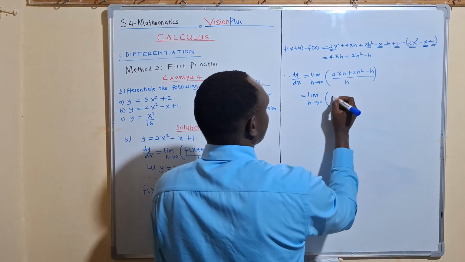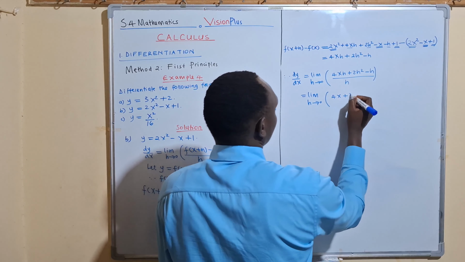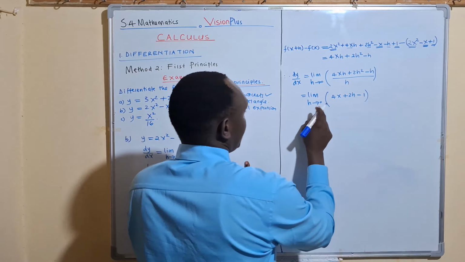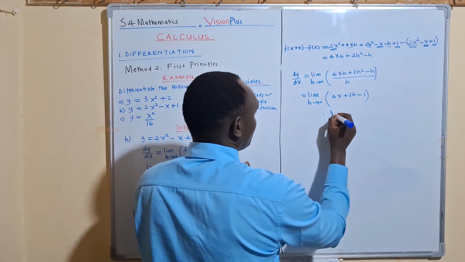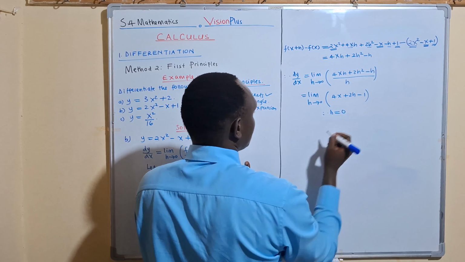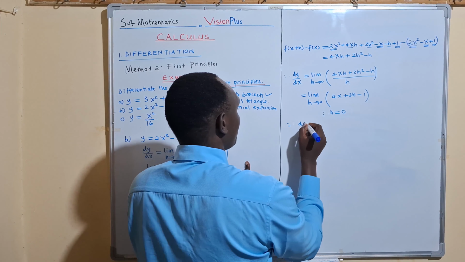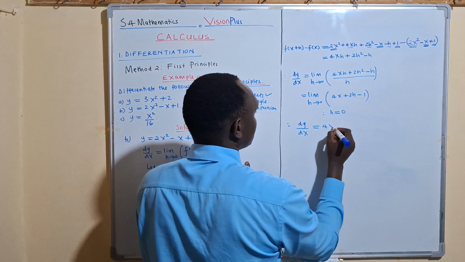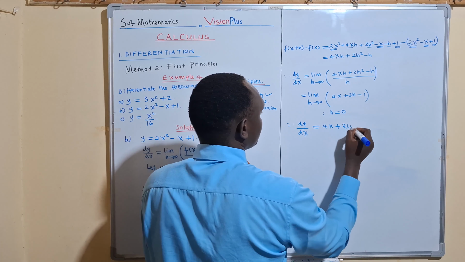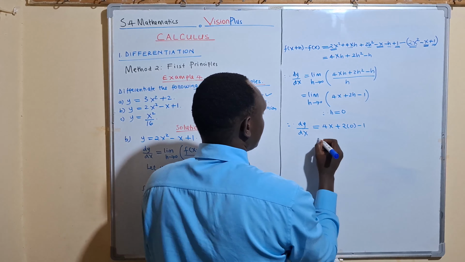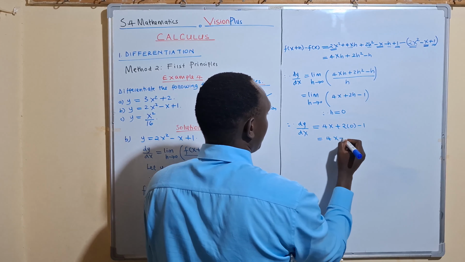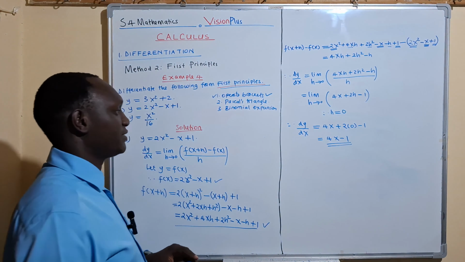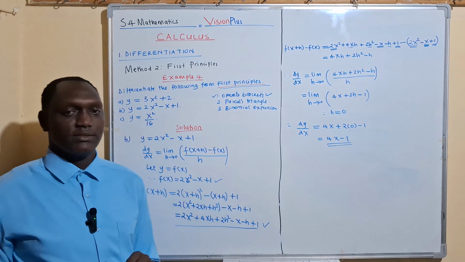If we divide by h, we shall have 4x plus 2h minus 1. Now we are going to turn h to 0. This implies that we shall substitute 0 where there is h. So finally we shall have dy/dx equals 4x plus 2 times 0 minus 1. This gives us 4x minus 1.